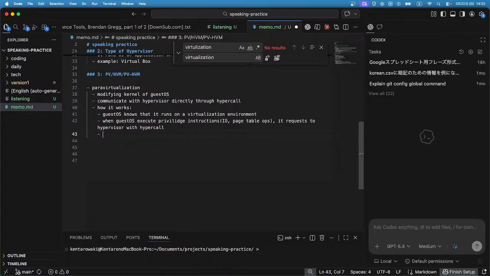So this type of virtualization doesn't require hardware virtualization acceleration, VT-x.